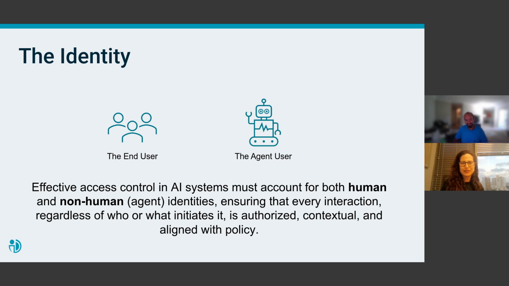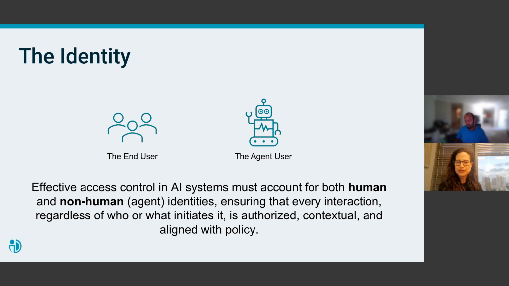Excellent, thank you. While saying that, we also want to remind about the identity issue, right? It's always true, and it's true here as well. We need to remember the identities which are involved in the process. It's not just the agent user. Yes, it's the agent user who's acting and accessing the MCP server.